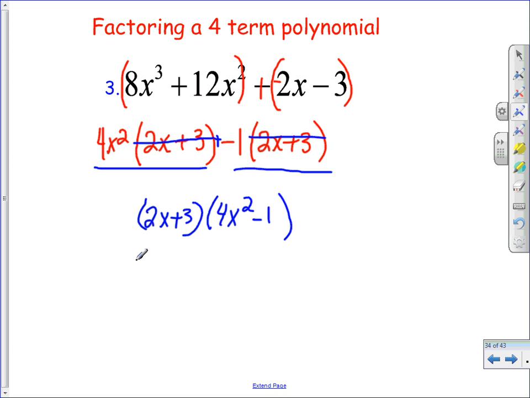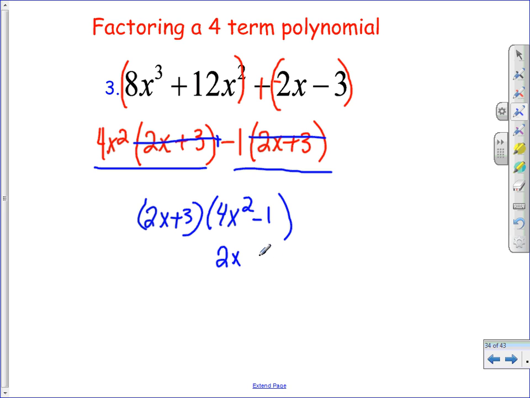I look at my first factor, 2x plus 3. I can't factor anything out of that. My second factor is 4x squared minus 1. Well, that's a perfect square. The first term is a perfect square, and the last term is a perfect square. So I can continue factoring that. The square root of 4x squared is 2x.